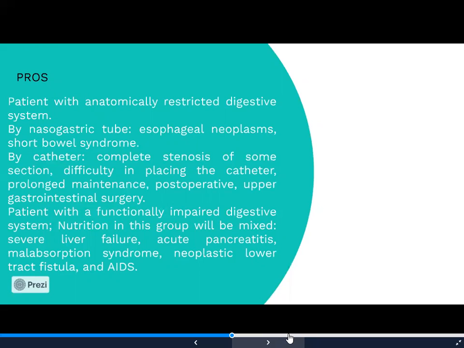Patients with a non-functional digestive system: severe liver failure, pancreatitis, malabsorption syndrome, neoplastic lower tract fistula, IBD.